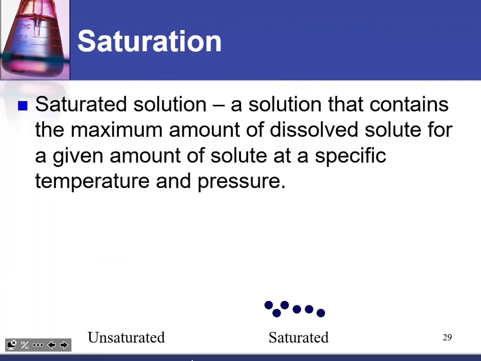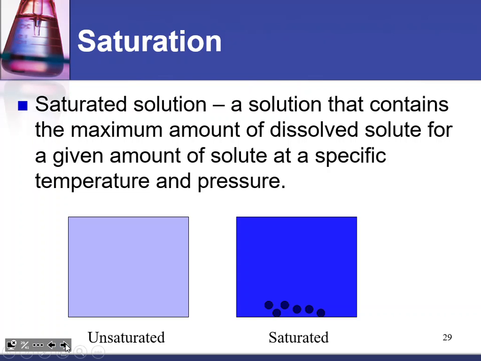All right, so unsaturated versus saturated. Here in the picture, it's going to depict for you an unsaturated solution that has this blue-purple color. It's lighter too because it's not as concentrated for this example, so it's a lighter color.